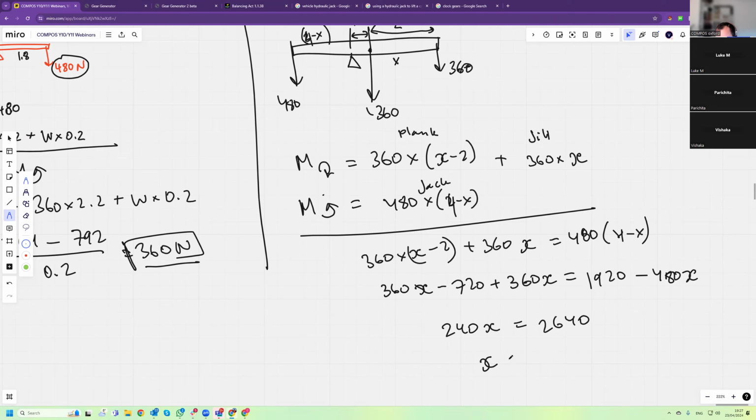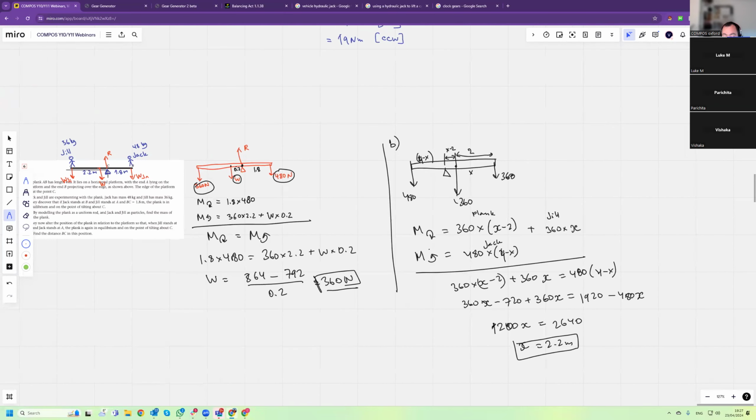That doesn't make any sense. Where did I go wrong? Oh, of course. 720 plus 480, 1200. 2640 divided by 1200. That's 2.2. X is 2.2 meters. Oh, interesting. It's the same value, which is unsurprising. Somewhat underwhelming, but not surprising.